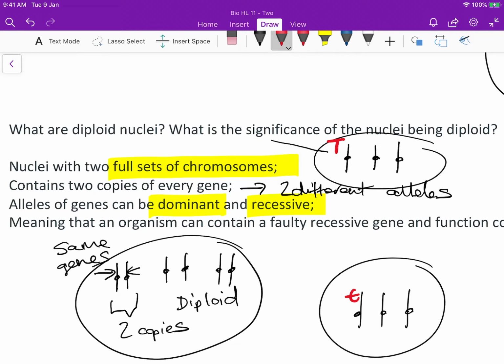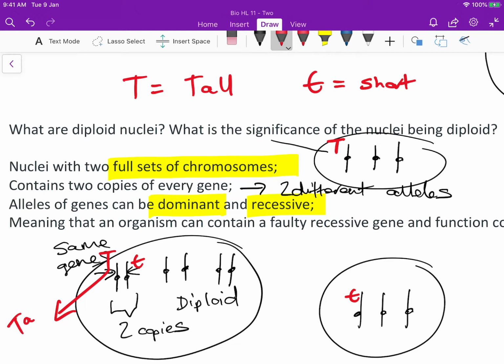If it was in pea plants, big T would give tall plants, and small t would give short plants. So when they come together, we could have 2 different alleles, big T, small t. In the case of a pea plant, because big T is dominant, this would be a tall pea plant.